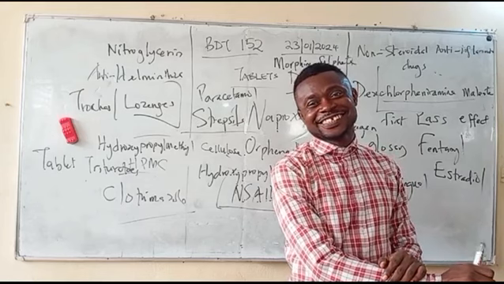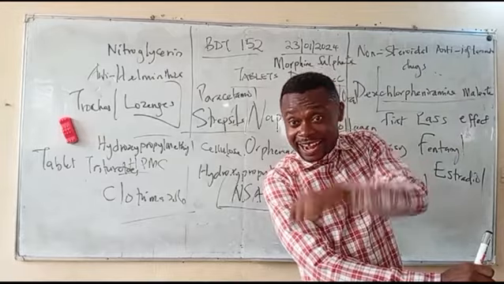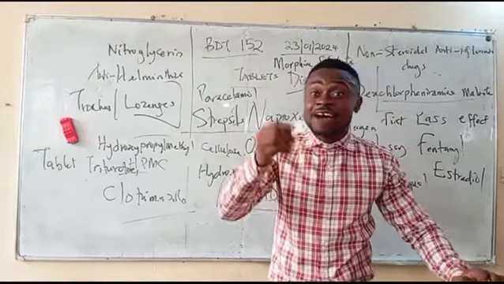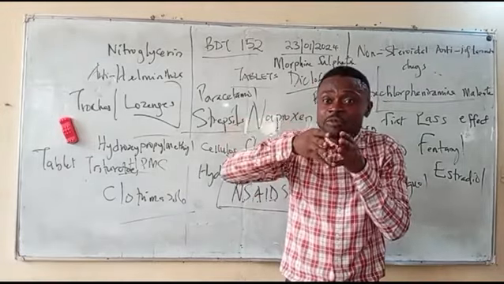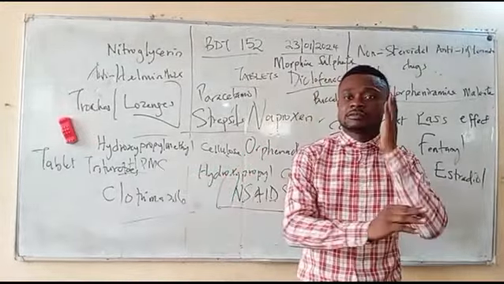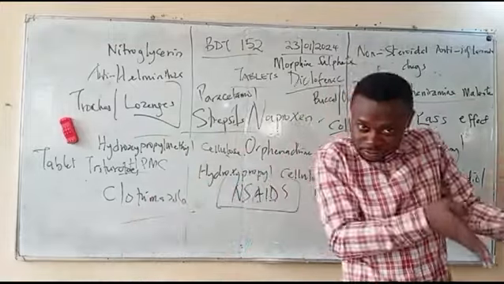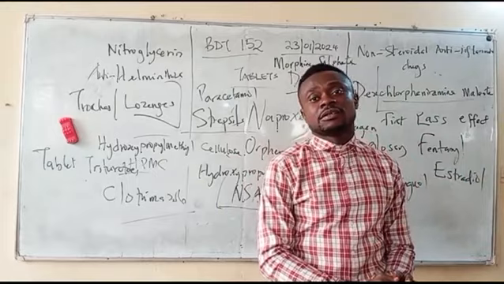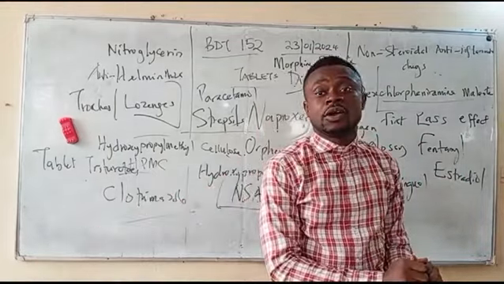They are formulated to be in the form that the alkaline medium can help them break down. They will break down in the alkaline medium of the intestine, not the stomach. Does it make sense? You know, the stomach is acidic, but the pH increases towards the intestine, unlike the stomach.